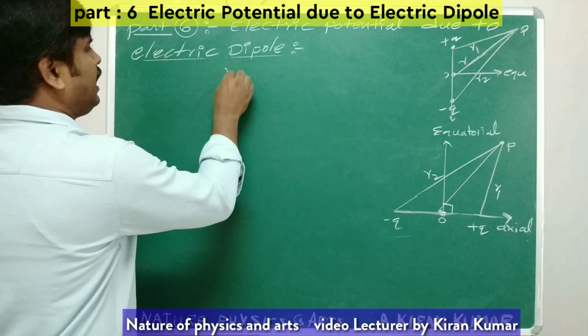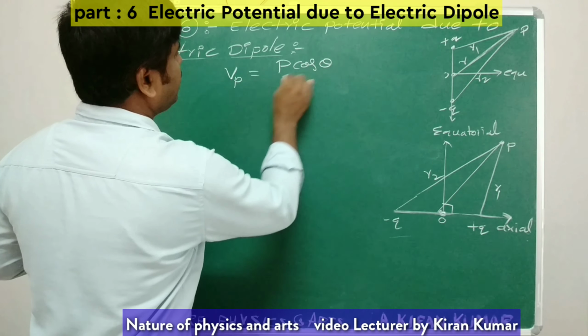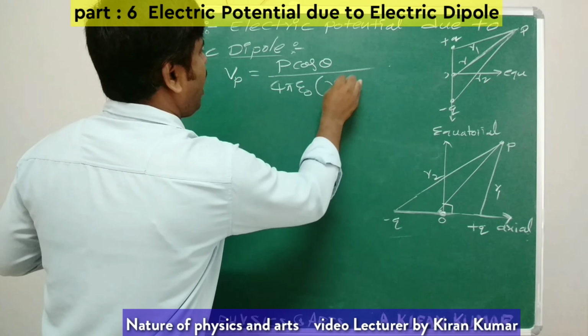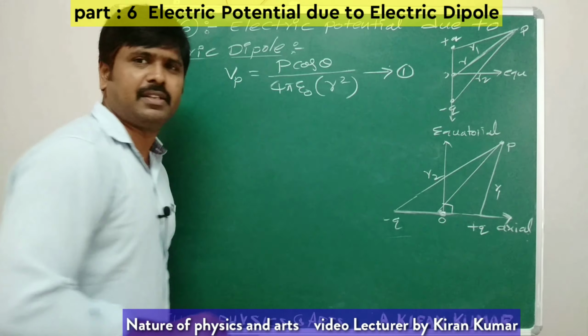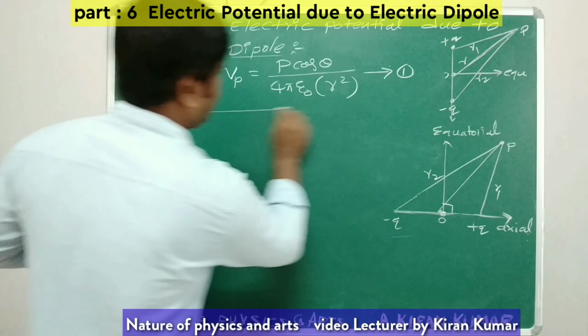We got the electric potential Vp equal to capital P into cos theta divided by 4 pi epsilon naught r square, taken as equation 1. Now we will discuss the axial line and the equatorial line.